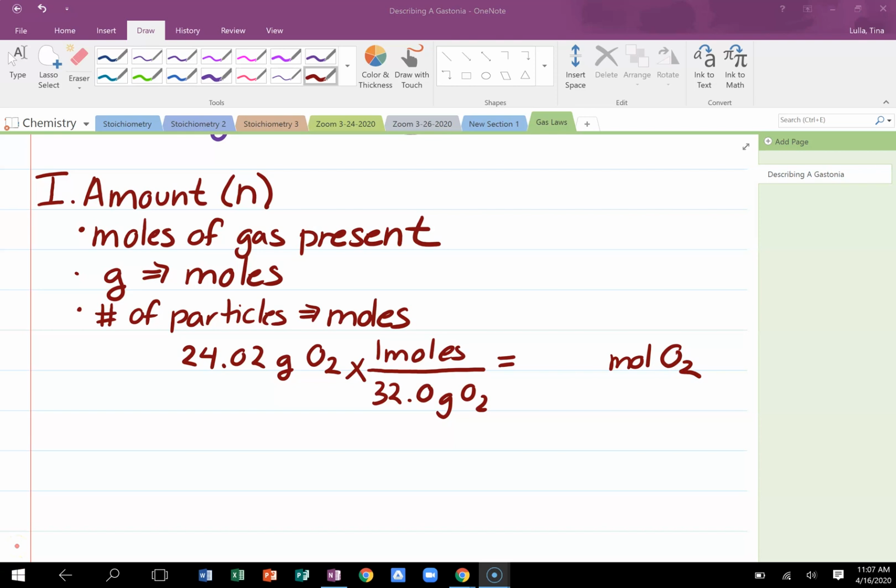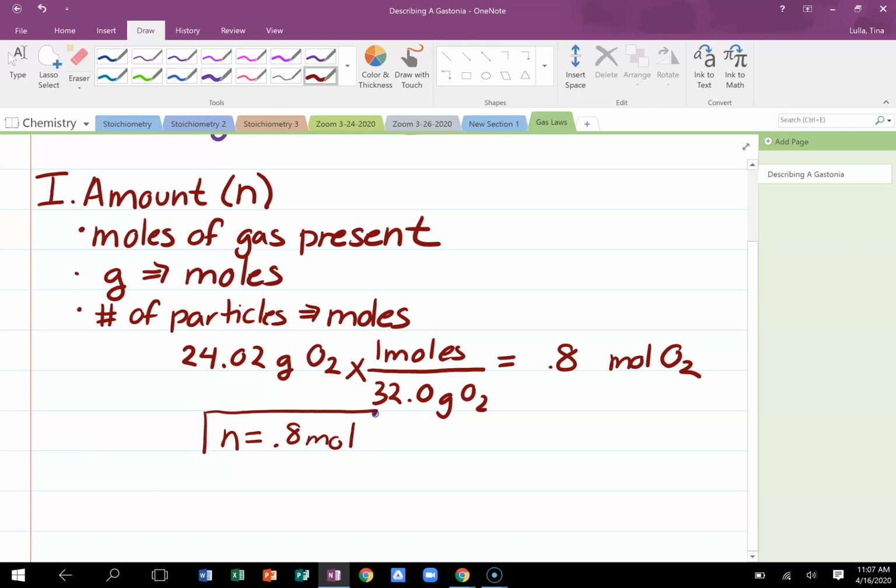I'm just pulling out my calculator here. 24.02 times 1 divided by 32, and I got 0.75, so I'm going to call that 0.8 moles of oxygen. And so in this case, n equals 0.8 moles.